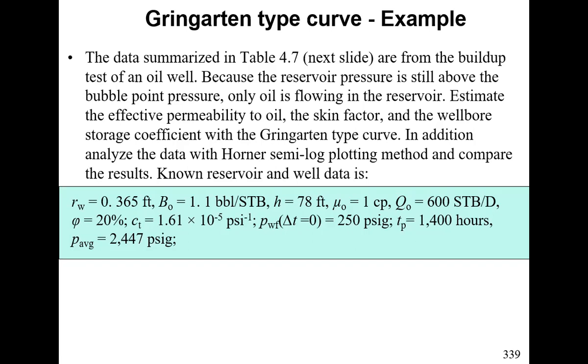Known reservoir and well data, similar to when we did the conventional semi-log analysis, is provided here. So here you have the well-bore radius, the formation volume factor, reservoir thickness, viscosity, producing rate, porosity, compressibility. This is the well-bore flowing pressure just before shut-in, and this is the flowing time, and then we have an average reservoir pressure reading.